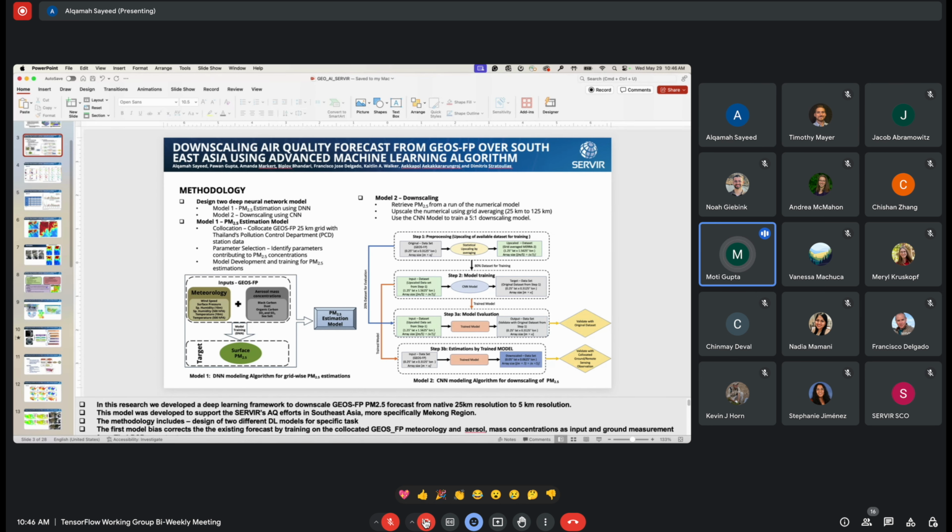So, in the first model where you are estimating PM2.5, you're giving it a lot of other data like wind speed, pressure at different scales, 10 meter, and a lot of different scales. But during the downsampling, you are not giving it some kind of a prior. I think if we gave it some kind of prior, like a satellite image or SAR image, it would be able to learn better.